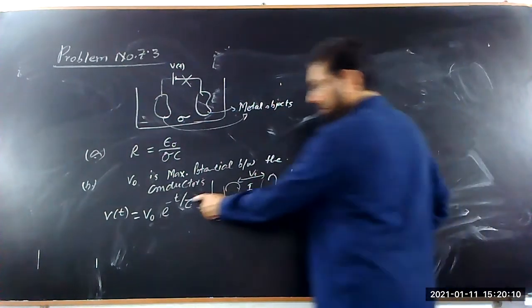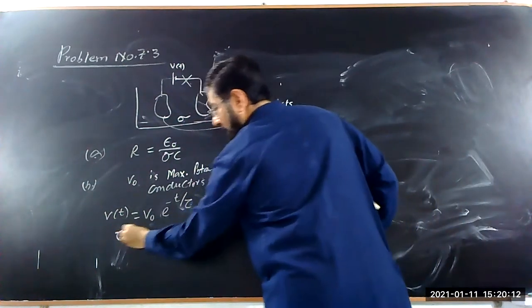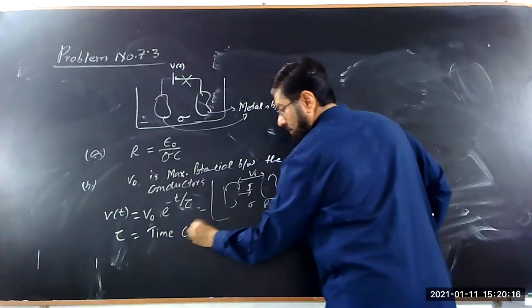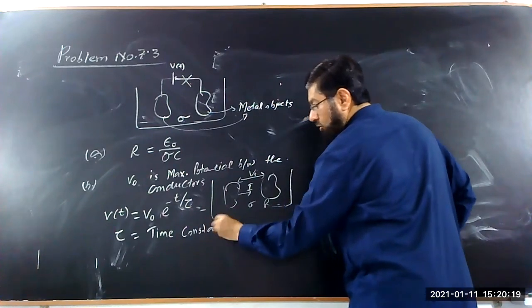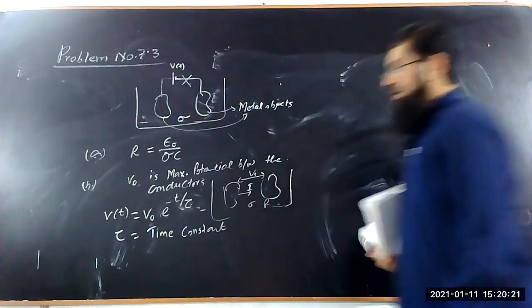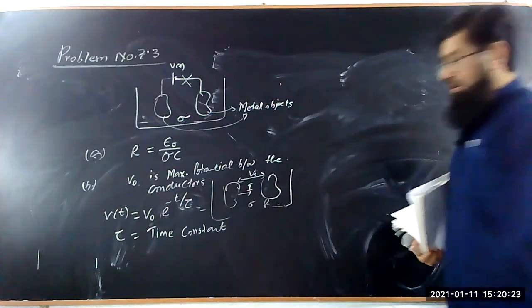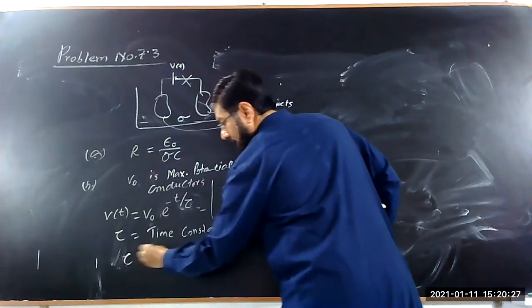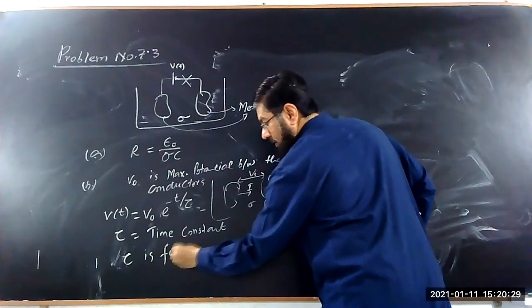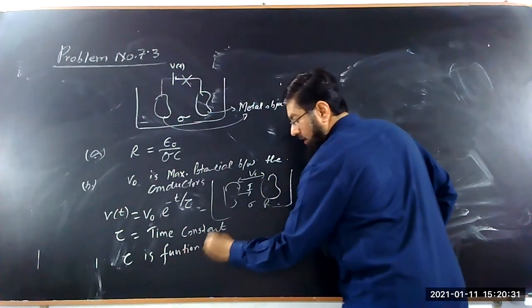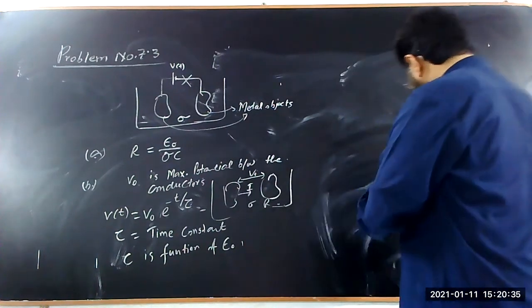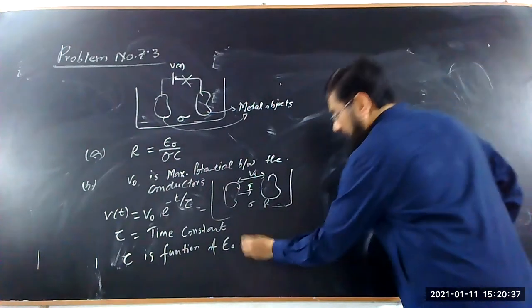Second, this tau is known as the time constant. For a capacitor circuit, the time constant is RC. Here we have to prove that tau is a function of epsilon naught and sigma.